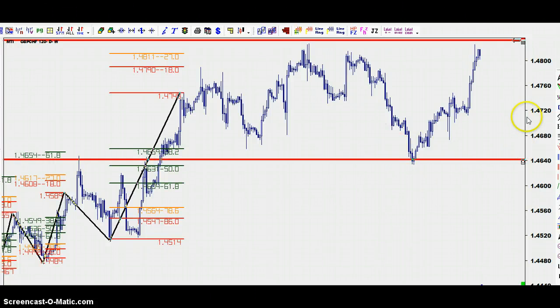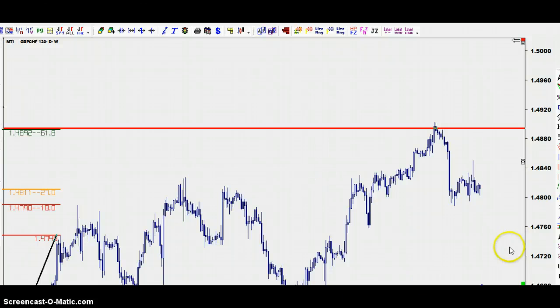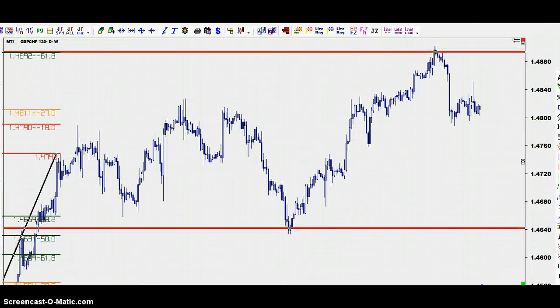Okay, we're pulling it down, and we're looking for 618. There we go, let's hit that 618. Okay, and let's continue with our fibs.